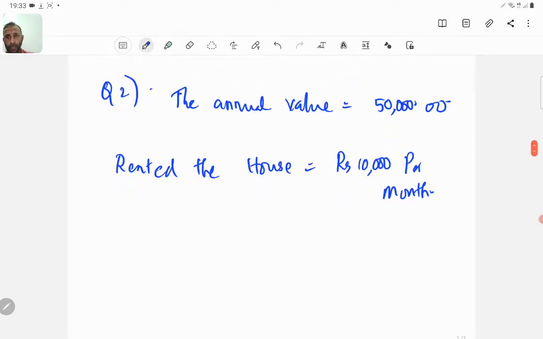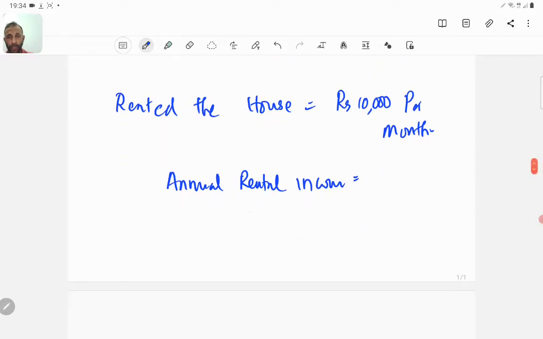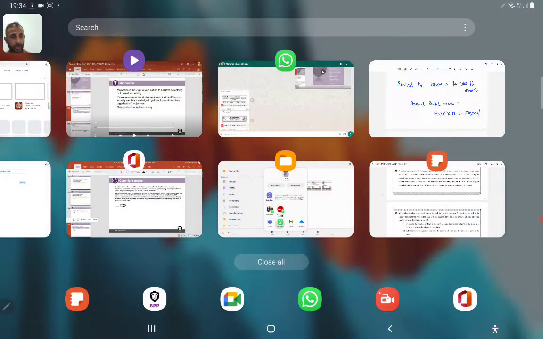So let's calculate the annual rental income. Annual rental income will be 10,000 into 12, which is 120,000 rupees.